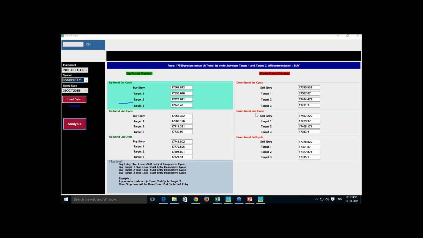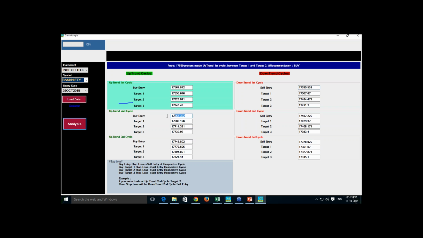Once you buy at this particular uptrend cycle 1, as visible on your screen, you must give the downtrend cycle 1's entry point, 17,535 in this case of Bank Nifty, as your stop loss, and your first achievement will be 17,640. Beyond that, if it crosses, there will be a 15 point gray area where you cannot decide a trend.